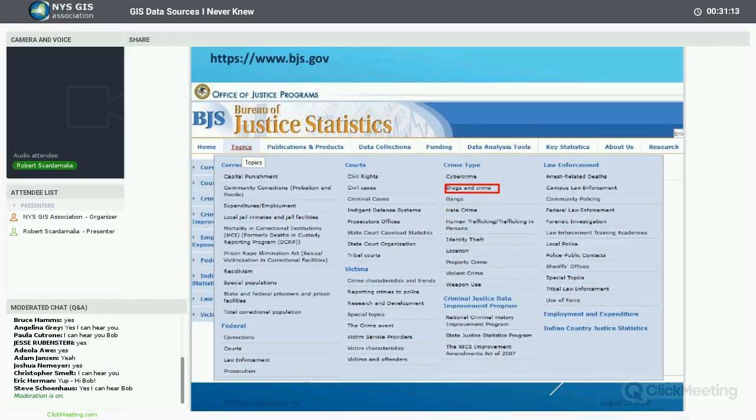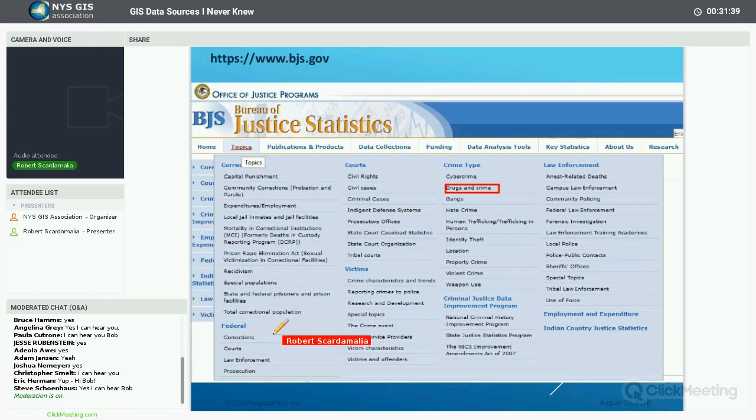Criminal justice data, another data source that, in my more cynical days, I might say is greatly misused, but there's an awful lot of data available. This is the Bureau of Justice Statistics main topic page, and you can see the extent of data types that are available.